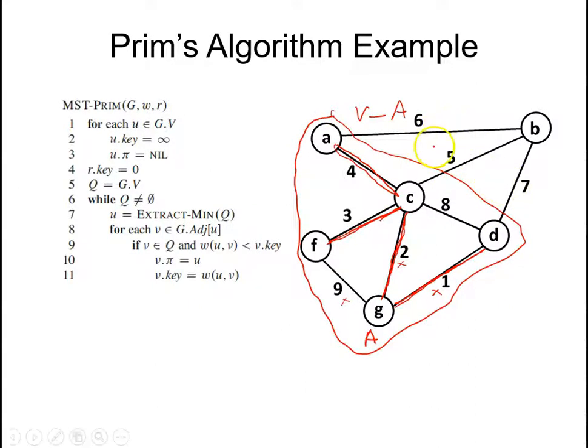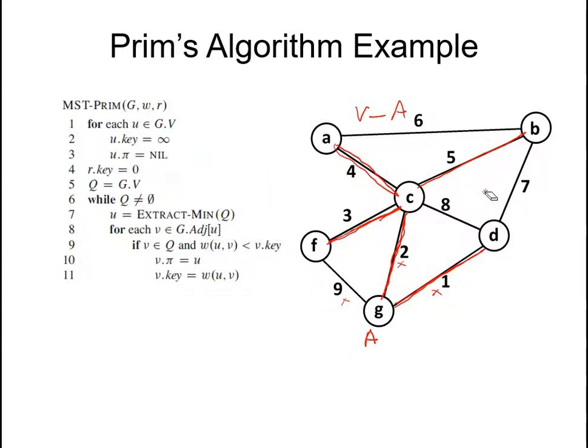And going out of our A set, the minimum is this. And now we have gone through every vertex. And what we have left is this minimum spanning tree with the red edges.